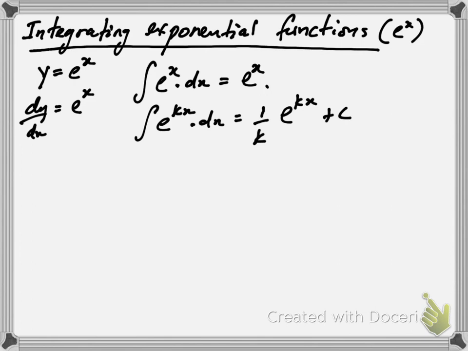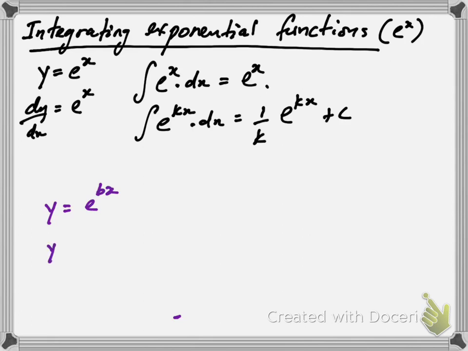So how does that work? If you look at it in reverse, I'll change color to make it stand out. We're going to use differentiation to explain this. Y is equal to e to the power, let's say, bx, for example. Use the chain rule.